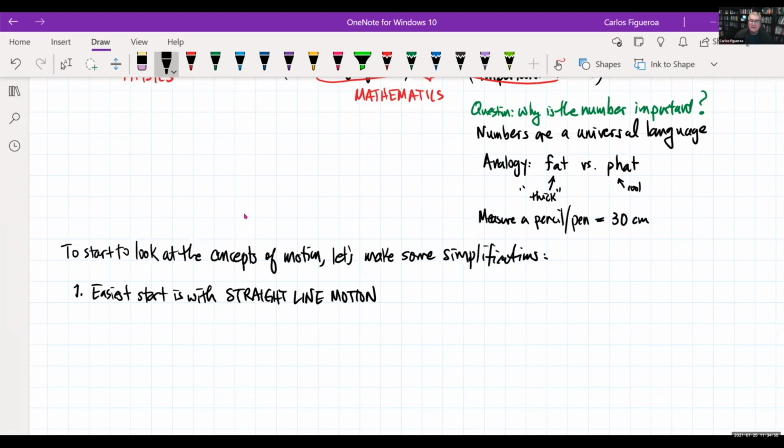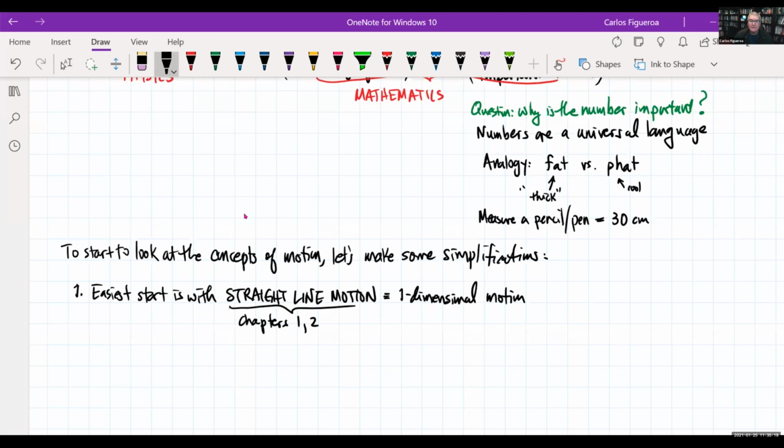And you're going to see that when I look at straight line motion, this is really chapters 1 and 2. Sometimes you'll hear that it's called one-dimensional motion.